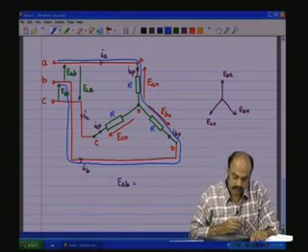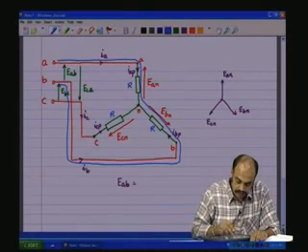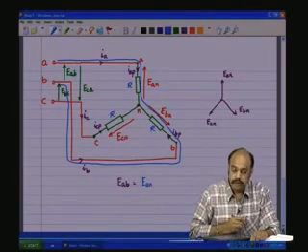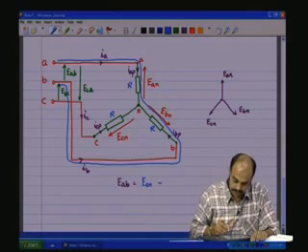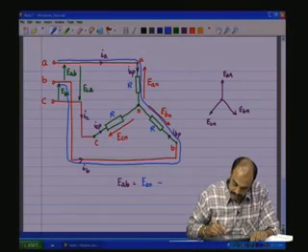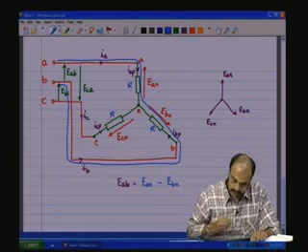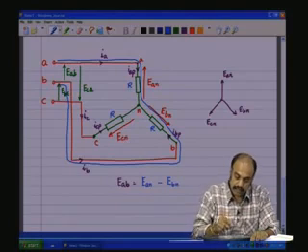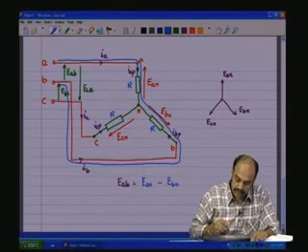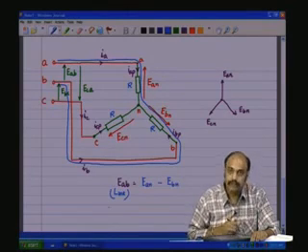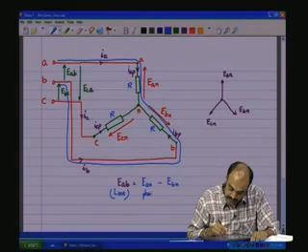So, for this loop, EAB is equal to EAN minus EBN according to the directions that we have assumed. So, EAN minus EBN is EAB, the line voltage. This is the line voltage. These two are the phase voltages, phase A, phase B.